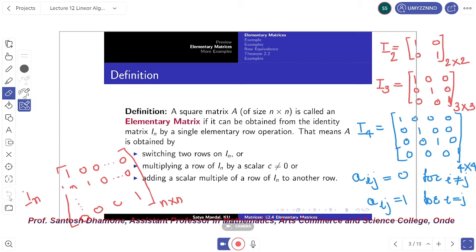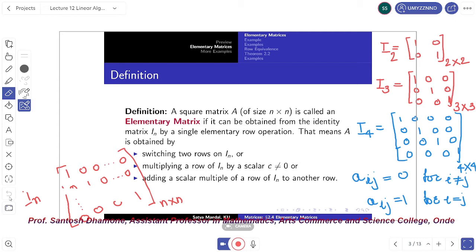We form an elementary matrix from I3 by switching two rows of I3, performing one operation, interchanging rows R1 and R3.